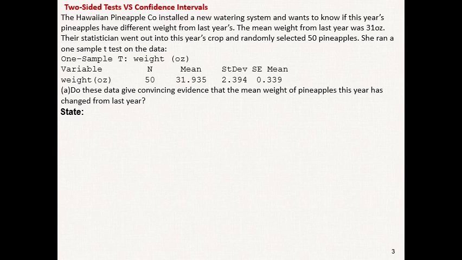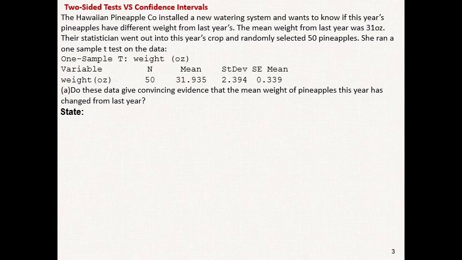a one sample t-test on it, and the results are listed here in a little mini tab printout. We can see the sample size is 50. Even though it's a capital N, this software prints it that way, but that's the sample size, 50. The x bar, which is the mean, is 31.935.